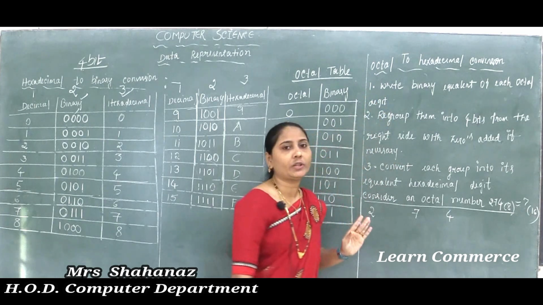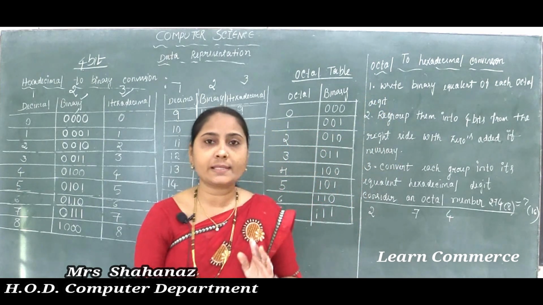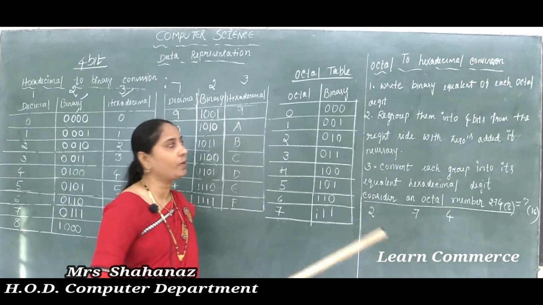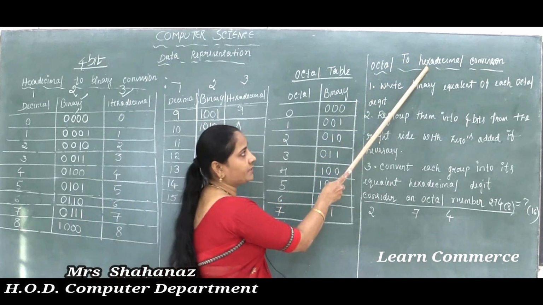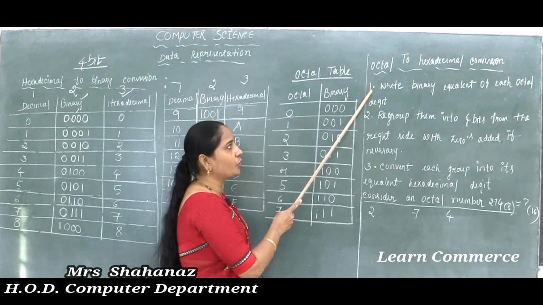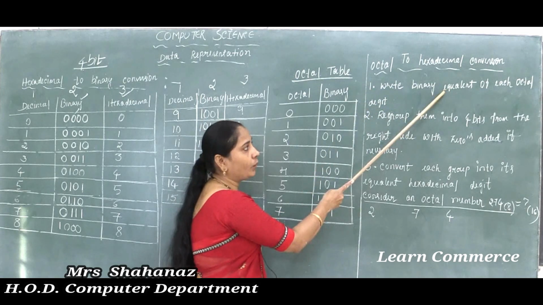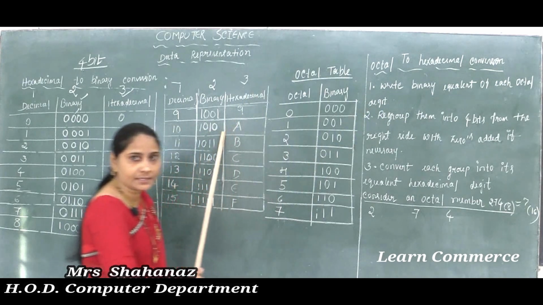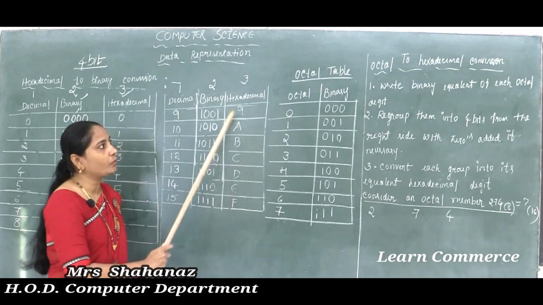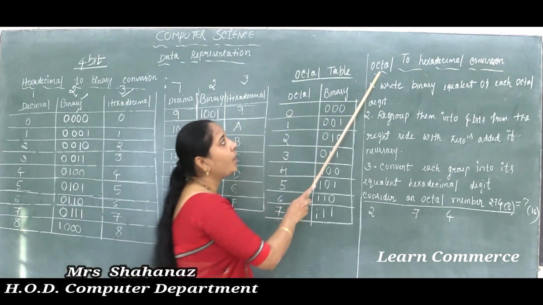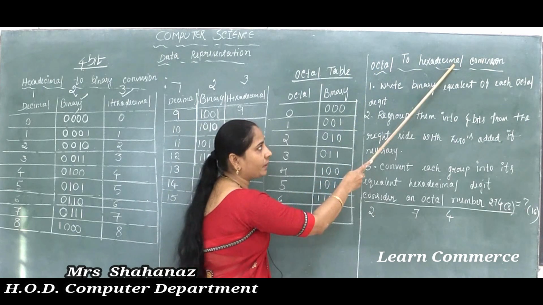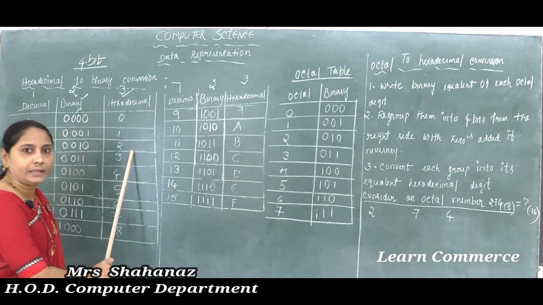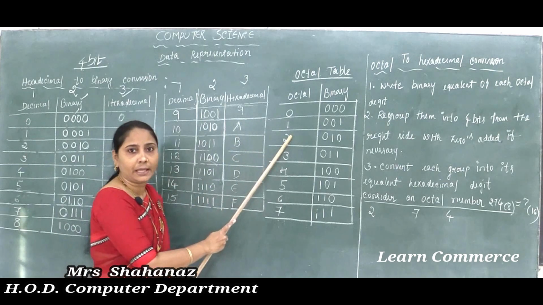But before going to the octal to hexadecimal conversion, important notes or rules about it. The first note: write the binary equivalent of each octal digit. That means while converting from octal to hexadecimal, not only the hexadecimal table, we need the octal table also.